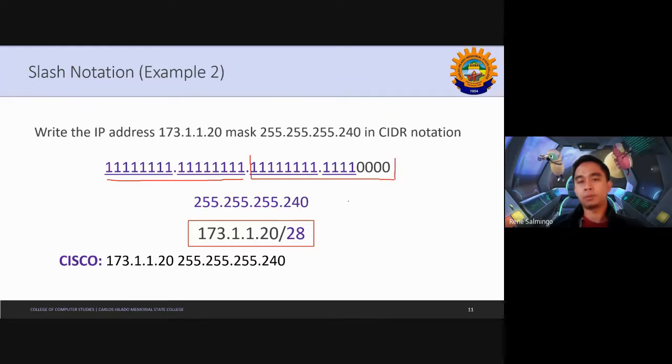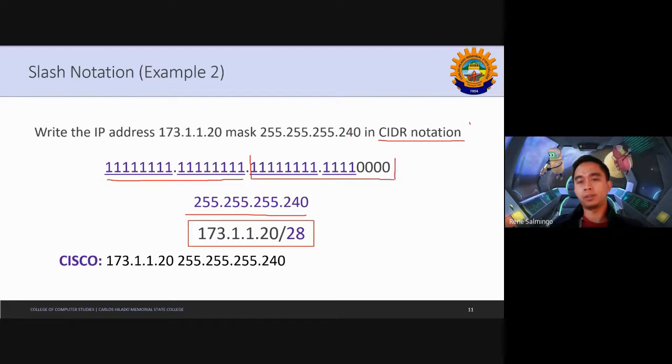In this example, this is your subnet mask, and you will have this as a result. You have this CIDR notation based on the given. You need to convert this into binary so that you'll know what your CIDR notation is, because on this side, we don't know the CIDR notation.